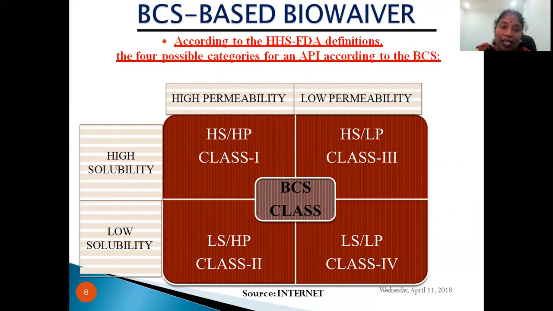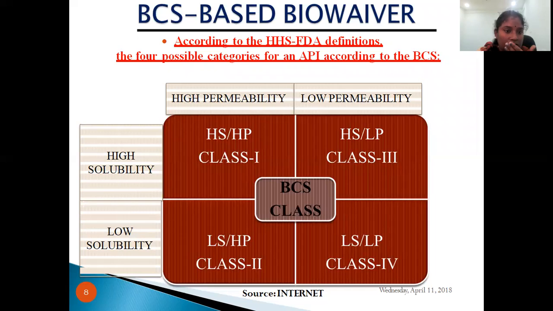Absorption of class 2 drugs occurs over a longer period of time. Next is class 3. Here the absorption is limited. With low permeability, the rate limiting step is permeability only. So absorption is limited by the permeation rate.